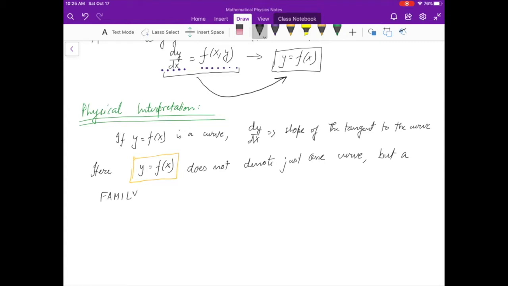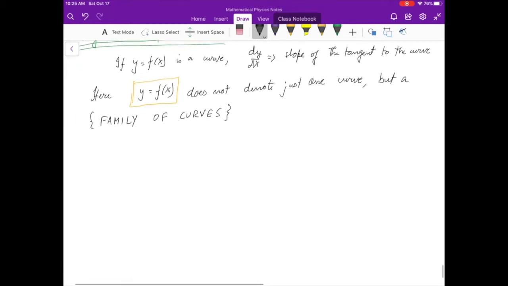A family, or a collection, or a cluster of curves which have similar properties except for a certain parameter which changes one of their properties, but most of the characteristics remain the same. So y equals f(x) does not really denote one curve, but in fact a family of curves. This is what we're trying to understand: if y equals f(x) is obtained from a differential equation, it describes a family of curves rather than a single curve.